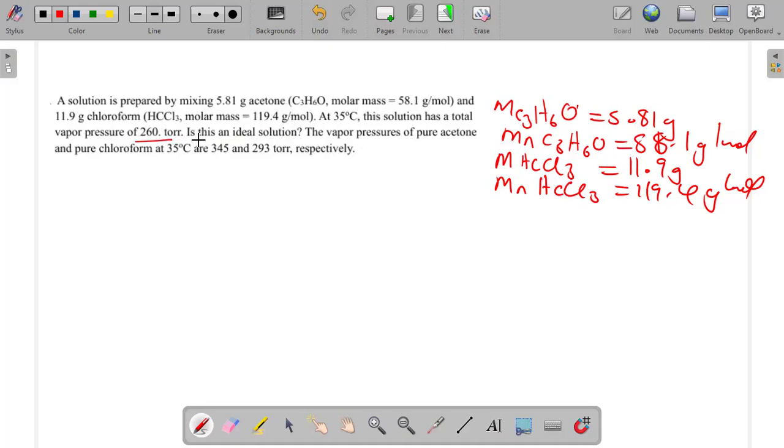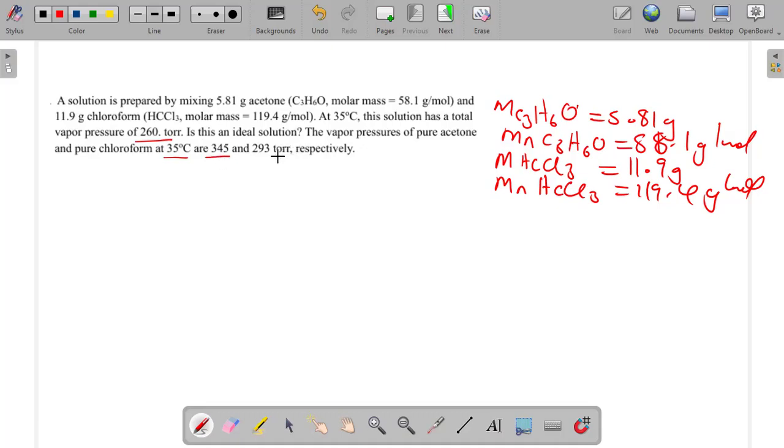Now the question is: is this an ideal solution? We need to confirm that. We are also told the vapor pressures of the pure acetone and the pure chloroform at 35 degrees Celsius, the same temperature.